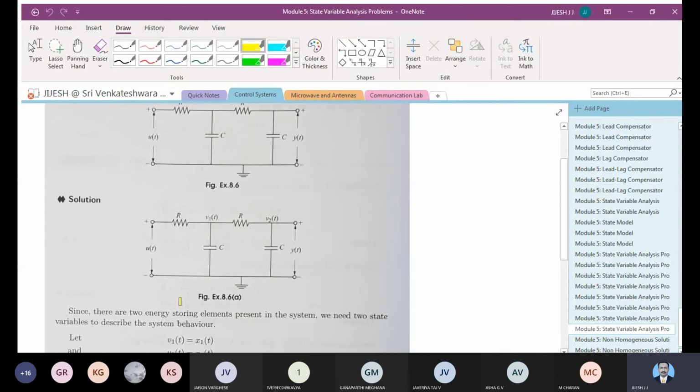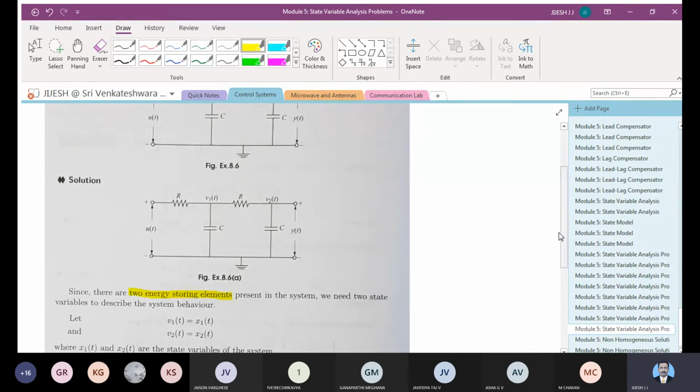Here there are two energy storing elements, so there will be two state variables. V1 of t will be written as x1 of t, and V2 of t as x2 of t.